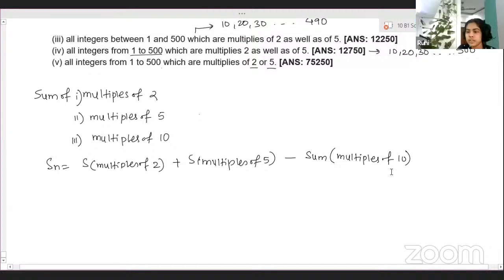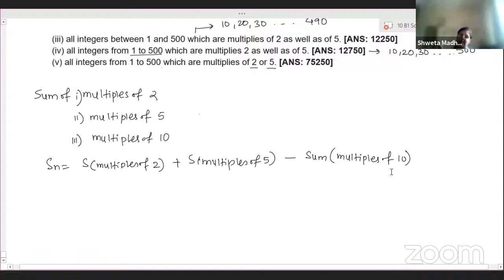I got some internet issue and I got logged out, so I didn't hear what you said for this part. You have to find out the sum of all the numbers from 1 to 500, which are multiples of 2 also and 5 also. So first you have to find the multiples of 2. Then all the multiples of 5 also we have to add.